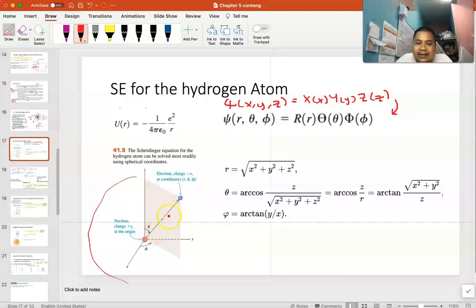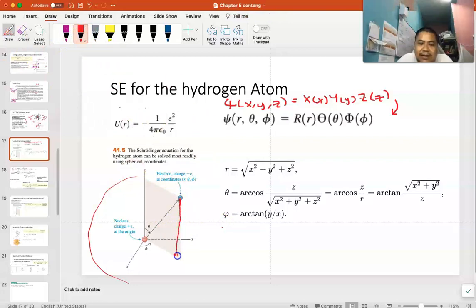So r is the distance from the center, which is the proton, and then this is the elevation from the z-axis, theta, and this is psi from here. So we can imagine this is a plane. Okay, so this is a plane. Apa saya tak boleh lukis.